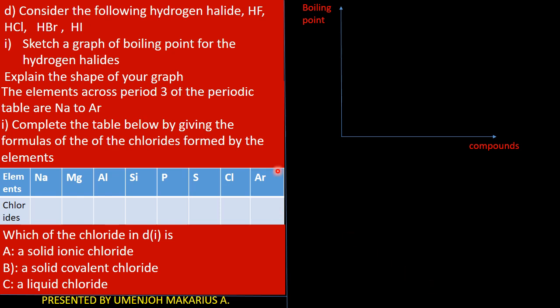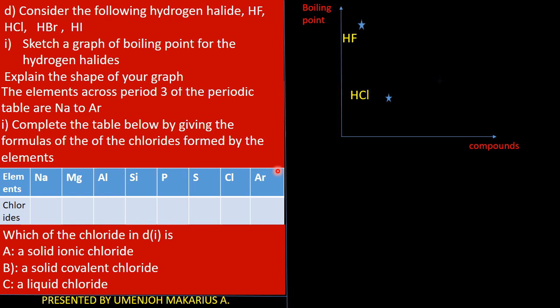So let's start by seeing if we can plot our curve. We start by locating a suitable point where hydrogen fluoride can be. Then hydrogen chloride is going to have a smaller boiling point than hydrogen fluoride, so we name this one hydrogen fluoride. Then we locate hydrogen chloride, which we have here, and give it the name hydrogen chloride. Good.